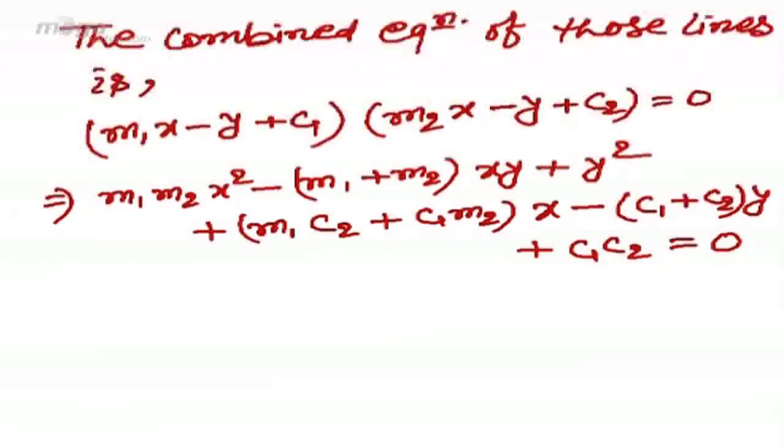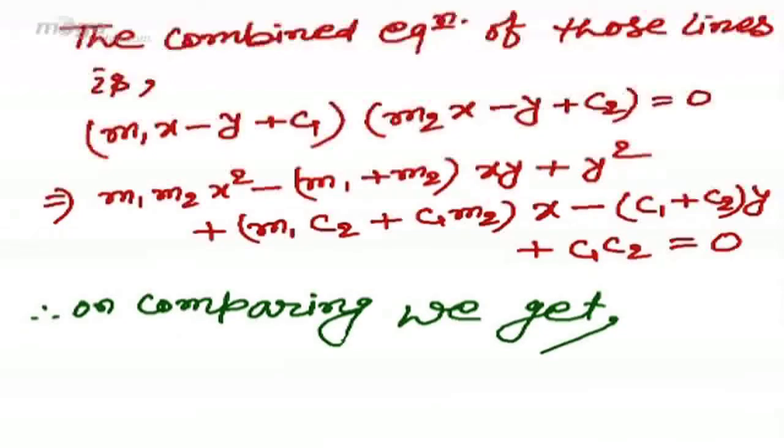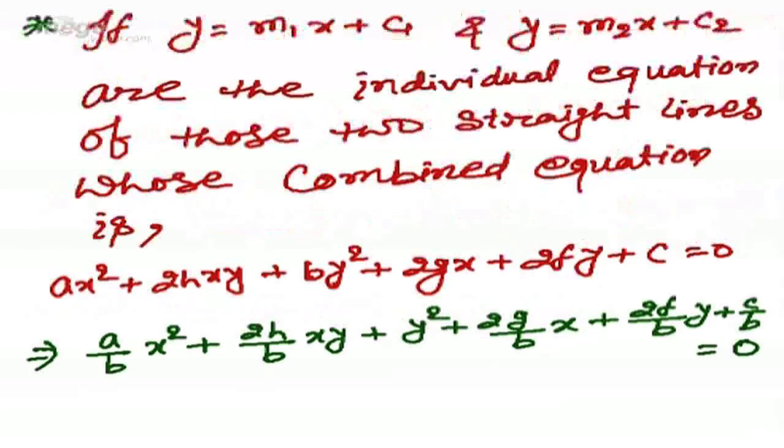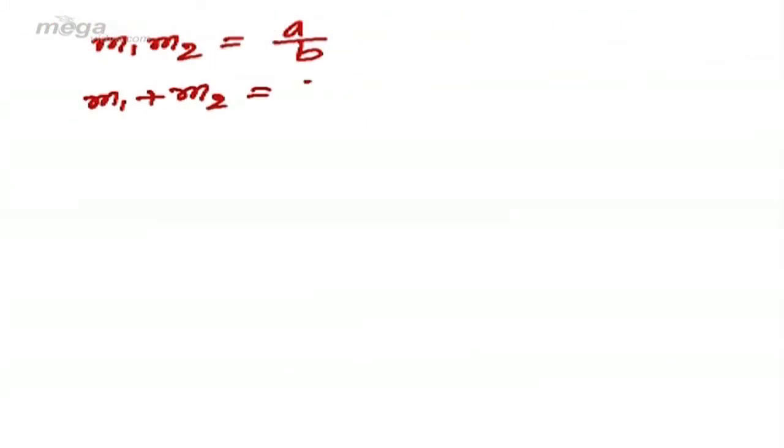On comparing we get m1 m2 is equal to a by b, because m1 m2 is the coefficient of x square here. m1 plus m2, similarly, will be minus 2h upon b.